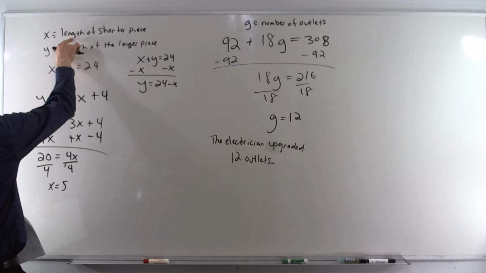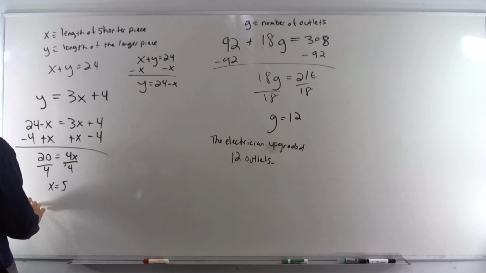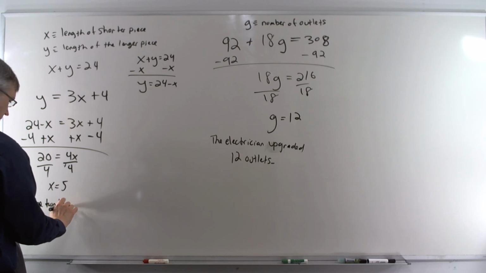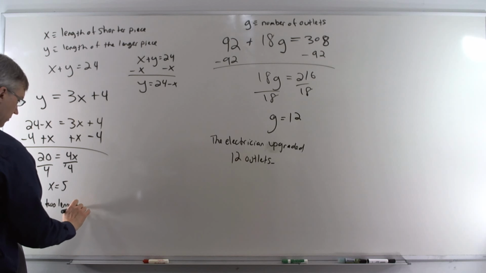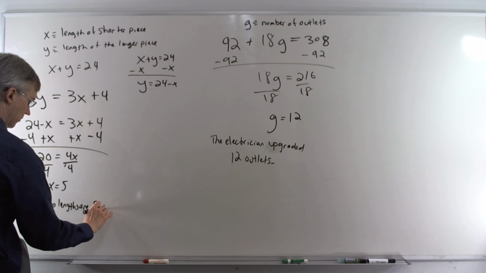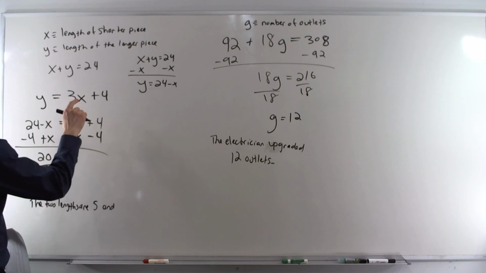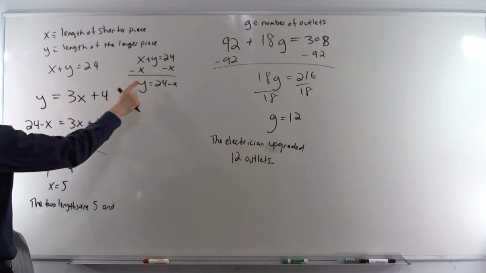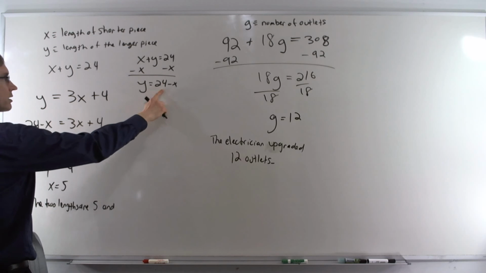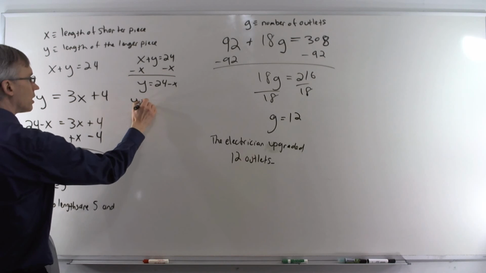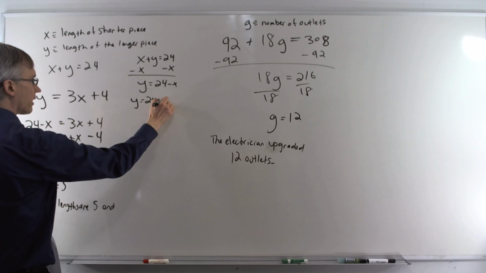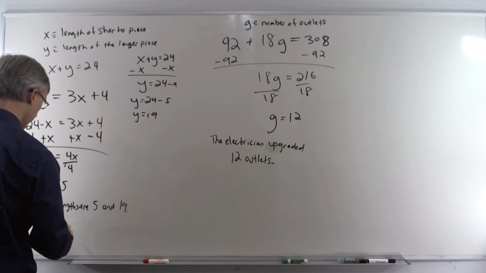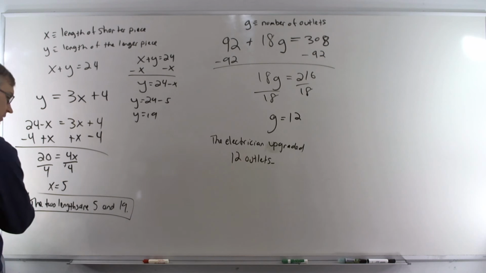That means the length of the shorter piece is 5. And if we want to find the length of the other piece, we can use this equation here. Actually, it's even easier to use this one. Just plug in 24 minus 5, and we get y equals 19. So the two lengths are 5 and 19.